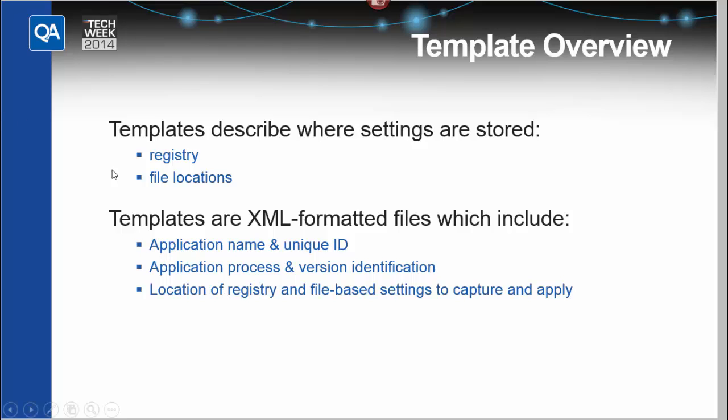Now, by having the application name, process, and version identifier, for each different version of the program we can create a different template file. That can be useful if, as the program matures, more settings are added into the registry or additional files are created.